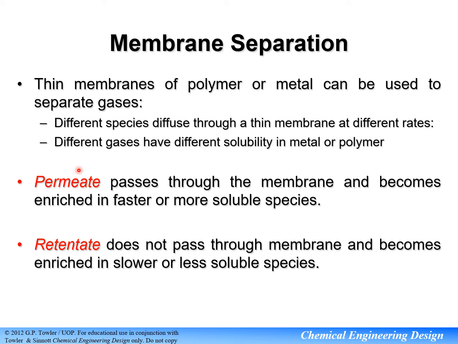Permeate is the flow that passes through the membrane and becomes enriched in faster or more soluble species. Retentate is the inverse of permeate, which is the flow that does not pass through the membrane and becomes enriched in slower or less soluble species.